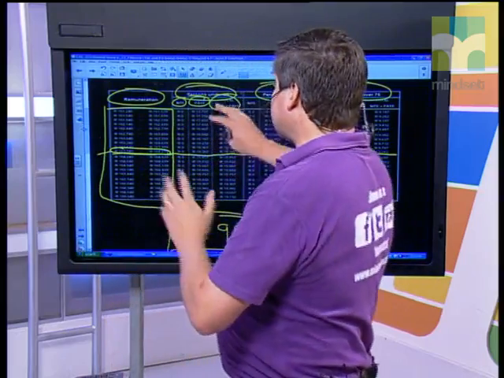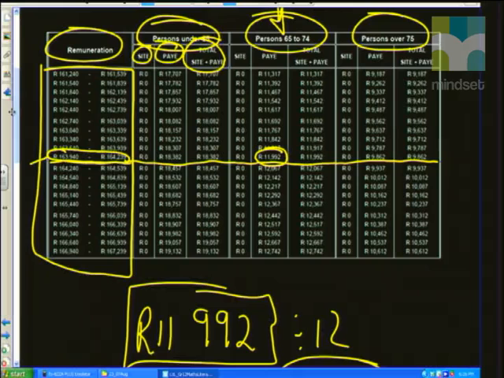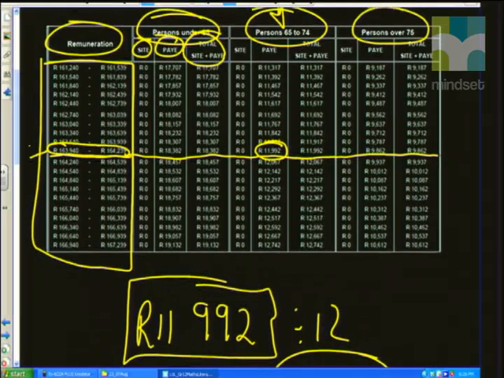So one of the advantages of using a deduction table like this is that it's so simple to use. But here's one of the disadvantages. If you look at this, it doesn't give me a specific salary. It gives me a range.